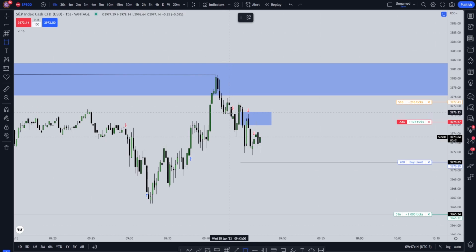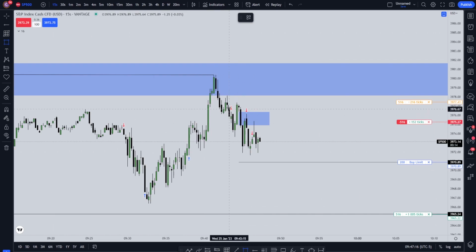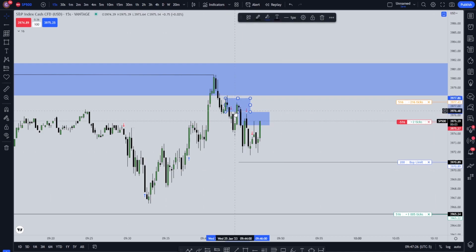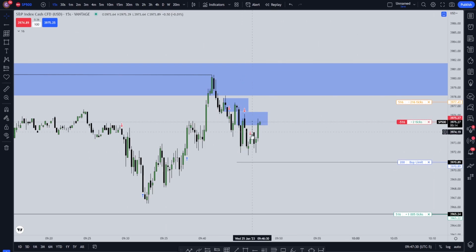But I can enter this since I've got some experience in my hand. But yeah, over here, it came straight back into that order block, and then it came to the order block again after it wicked into it, came down from this fair value gap, and price is trading in this fair value gap right now.